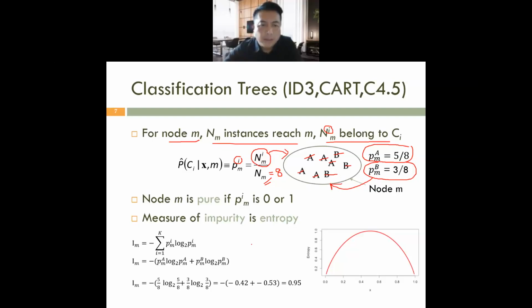So what is the formula? The formula for the impurity of the classes is defined as this, which is the summation over all the probabilities of the classes.